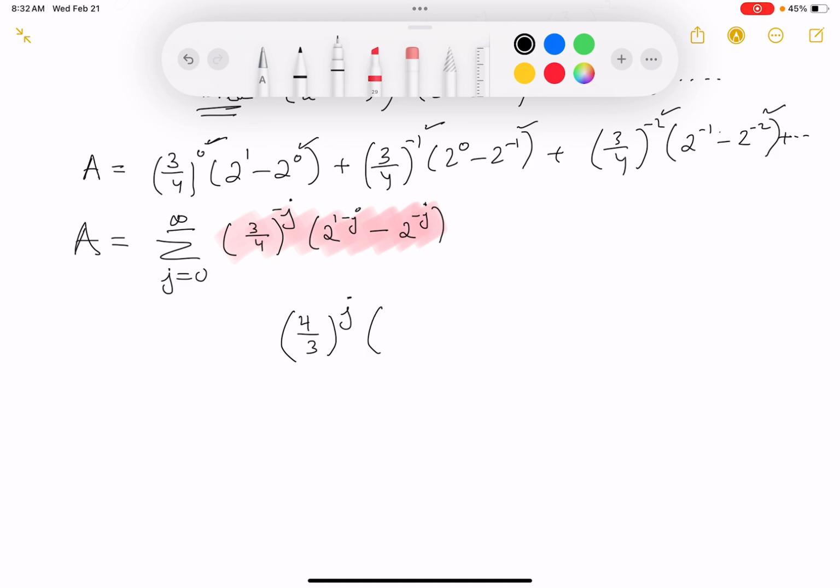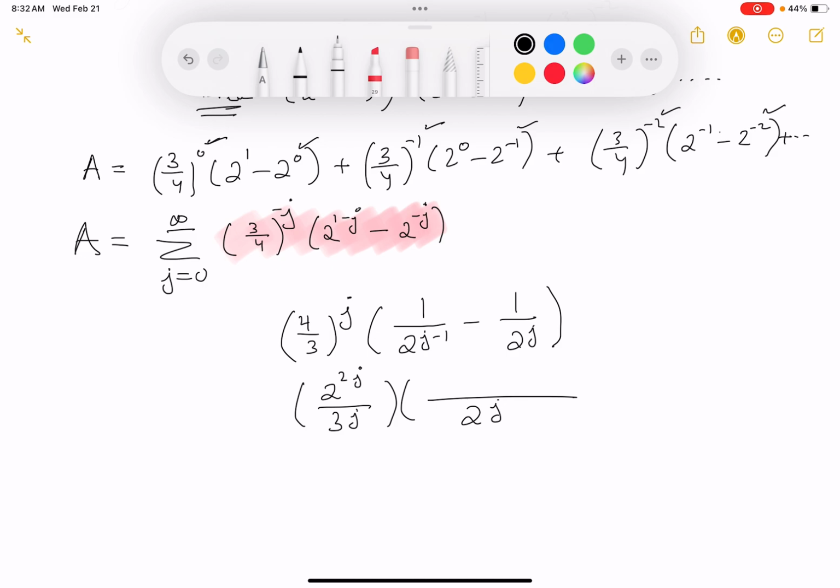And then I'm going to write the next guy down as 1/2 to the j minus 1 minus 1/2 to the j. I'm going to keep moving. I'm going to write this as 2 to the 2j and then 3 to the j. Over here, I'm going to write this as 2 to the j.